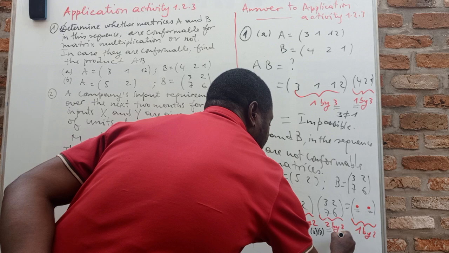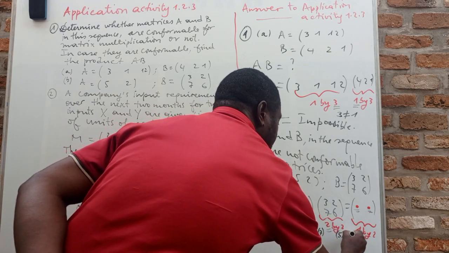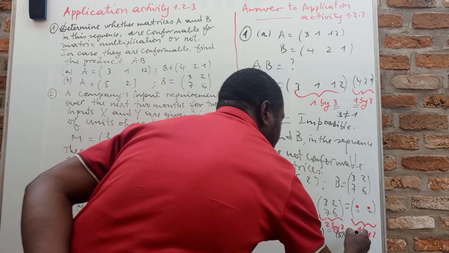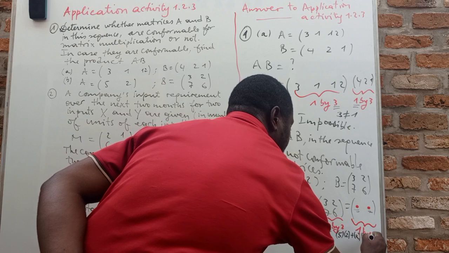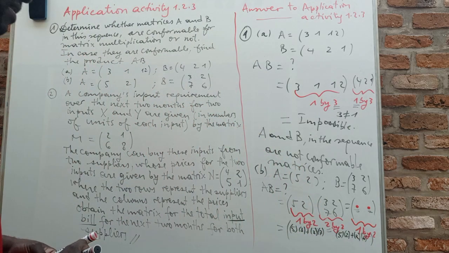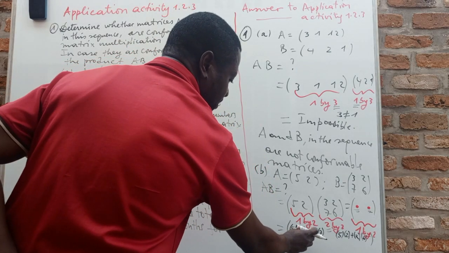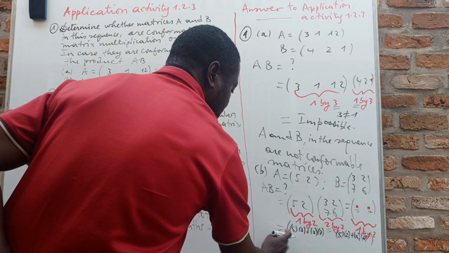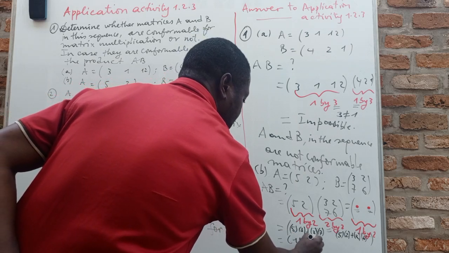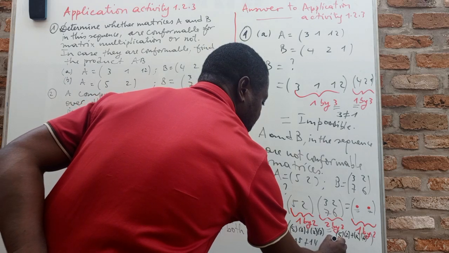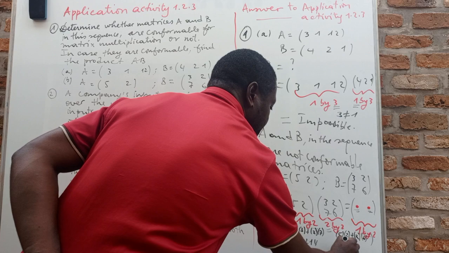We are going to have 5 times 2 plus 2 times 6. That gives the second entry. So now here we have 15 plus 14. For the second component we have 10 plus 12.